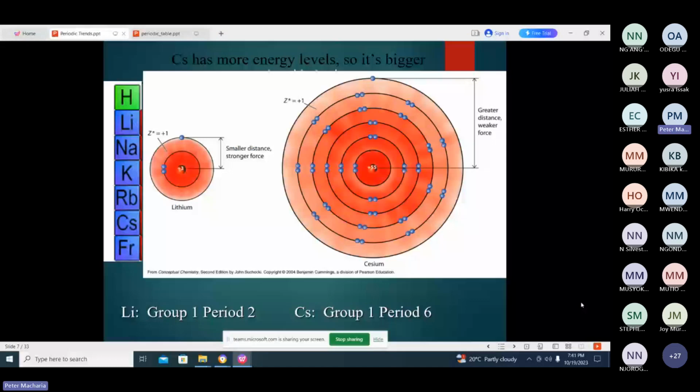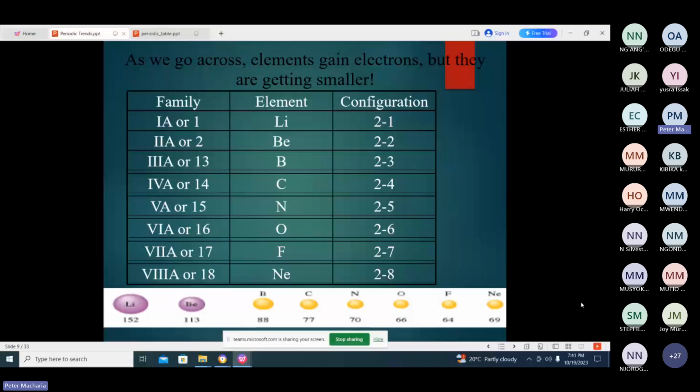So again, here we have a representation of elements across a period. That is period 2. You can see lithium, beryllium, nitrogen, oxygen, fluorine, and neon.